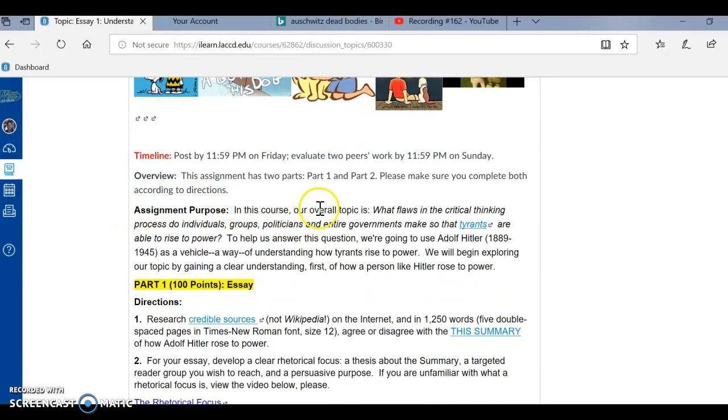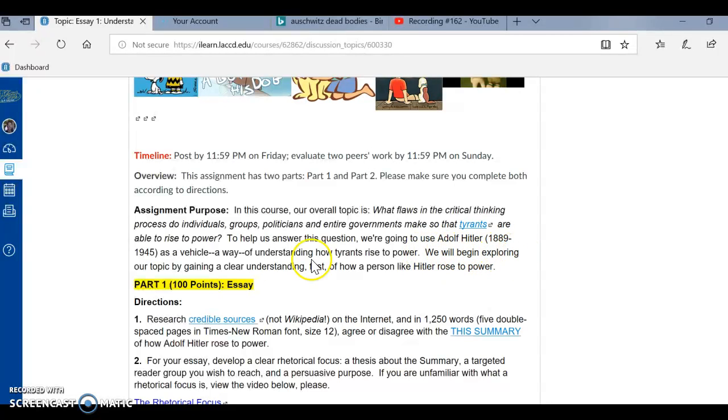In this course, our overall topic is what flaws in the critical thinking process do individuals, groups, politicians, and entire governments make so that tyrants are able to rise to power? To help us answer this question, we're going to use Adolf Hitler, 1889 to 1945, as a vehicle, a way of understanding how tyrants rise to power.